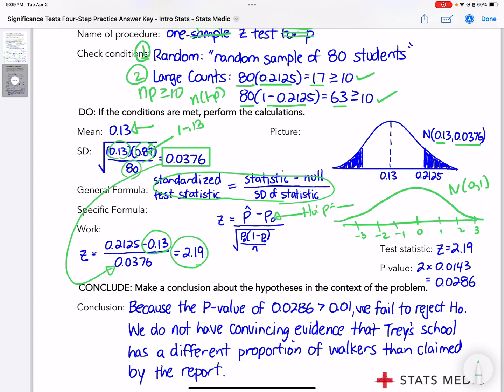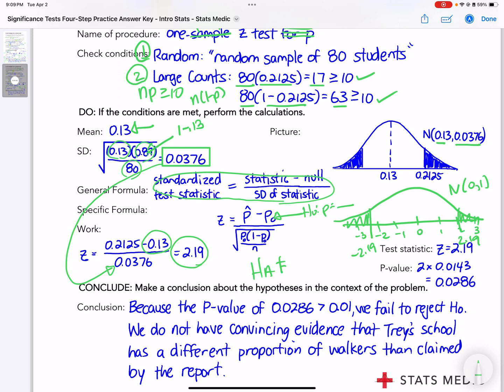All right, and I got 2.19. And so 2.19, because it's not equal to, be careful, because HA is not equal to, I've got to remember that it's going to be 2.19 and negative 2.19. So I'm going to have negative 2.19 shaded, and 2.19 shaded.